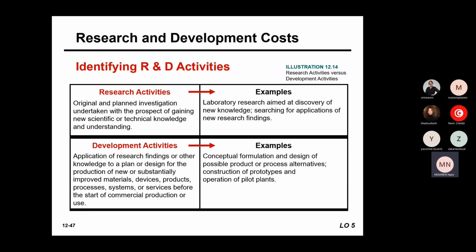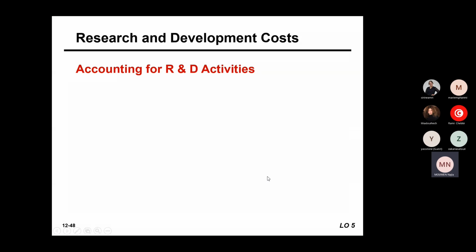Now, it's really important to be able to see the difference between research activities and development activities, because there is no problem with research activities. Once you identify any incurred expenses as research, you should expense them. But of course, the issue is when we have development costs: should we expense or should we capitalize?